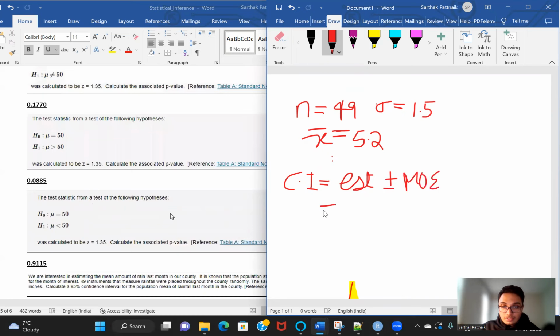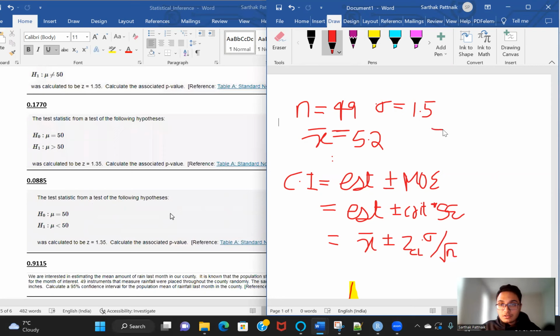And I have also mentioned in one of my previous sessions that you can also write it and remember it as critical value into standard error. This is how you calculate confidence intervals. For this case, my confidence interval will be the estimate, which is the sample mean, plus or minus z critical into sigma divided by square root of n.